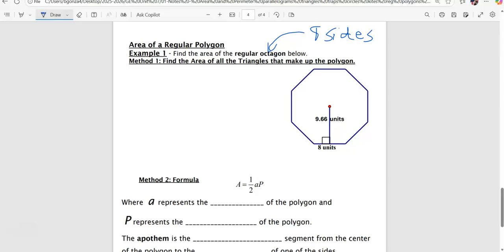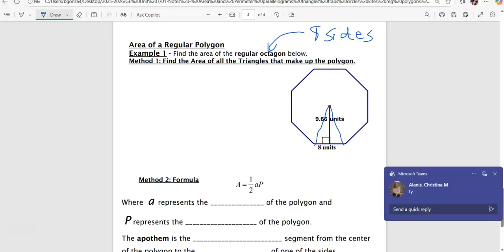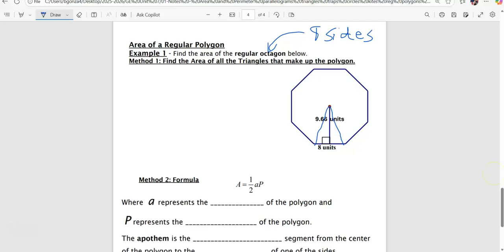From the center to the edge, if you connect this and this, you end up with a triangle. And that triangle is going to repeat 8 times. There's going to be 8 of these triangles.